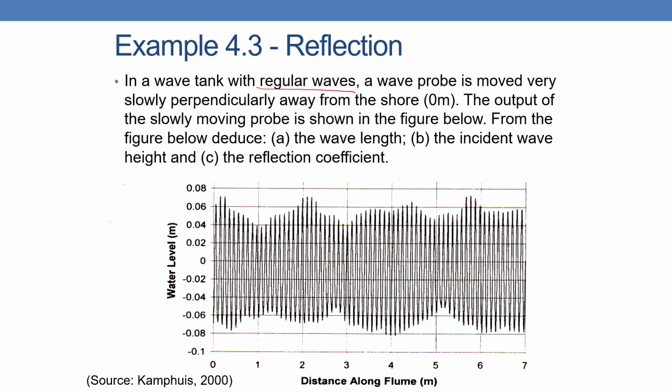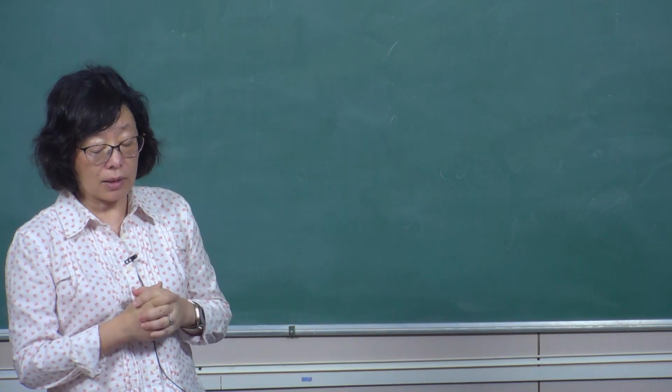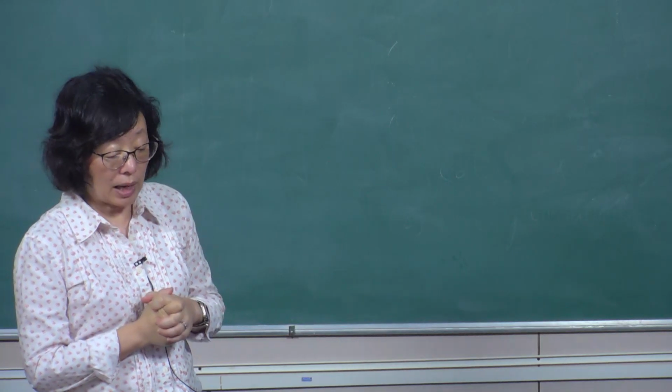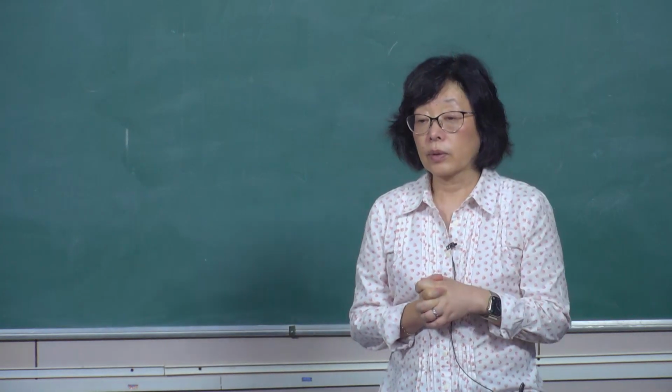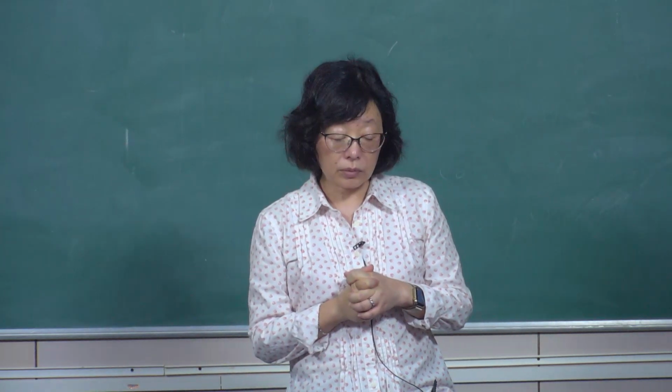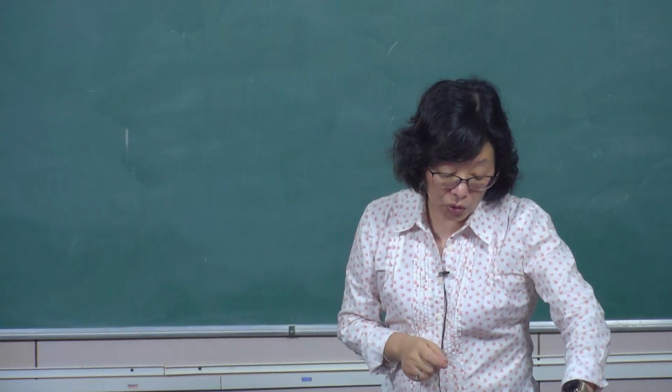From the figure, we are trying to get the wavelength, the incident wave height, and also the reflection coefficient. So this is the experiment data you get. Now I'm asking you, from this diagram, to find the wavelength, the incident wave height, and the reflection coefficient. How are you going to do this one?